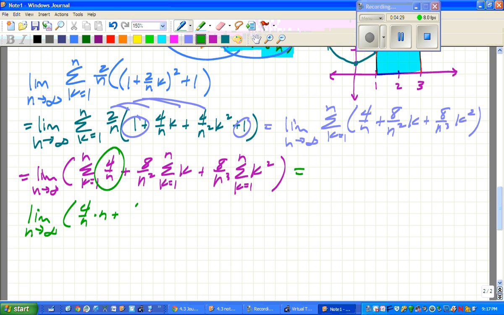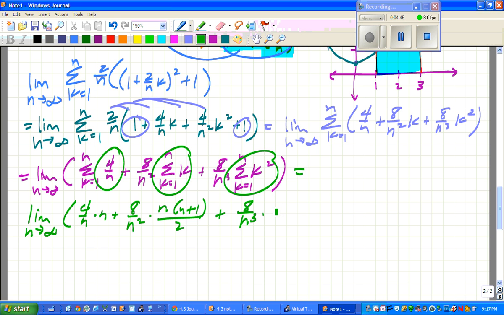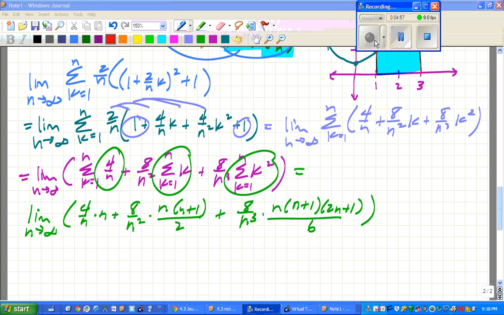Plus, the 8 over n squared, our constant stays out in front. The sum of k, there's a formula we talked about, that's n times n plus 1 all over 2. Plus 8 over n cubed times the sum of k squared is n times n plus 1 times 2n plus 1 all over 6. So those formulas are needed for these types of problems.